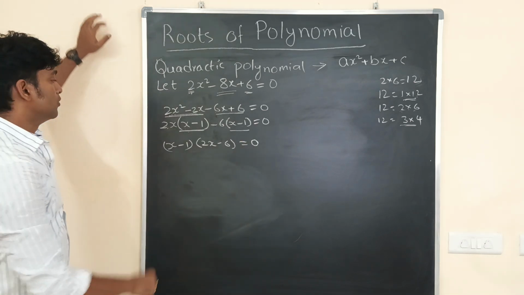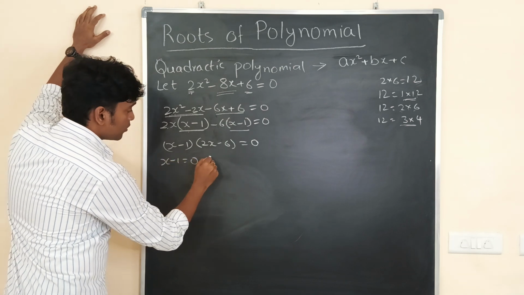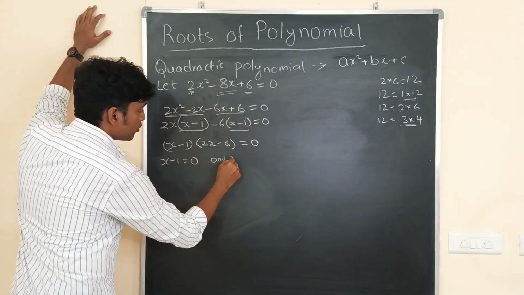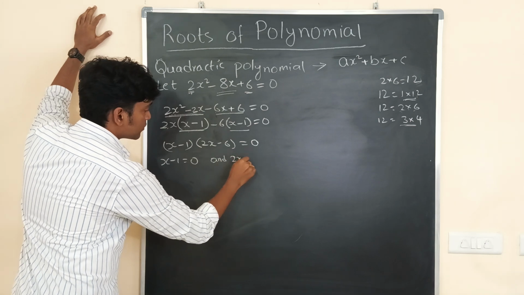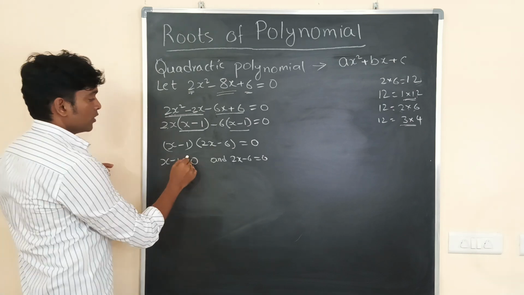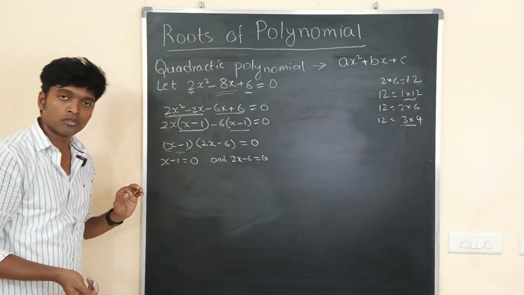Now x minus 1 is equal to 0 and 2x minus 6 is equal to 0. This will be 0 or this will be 0, and also both can be 0.